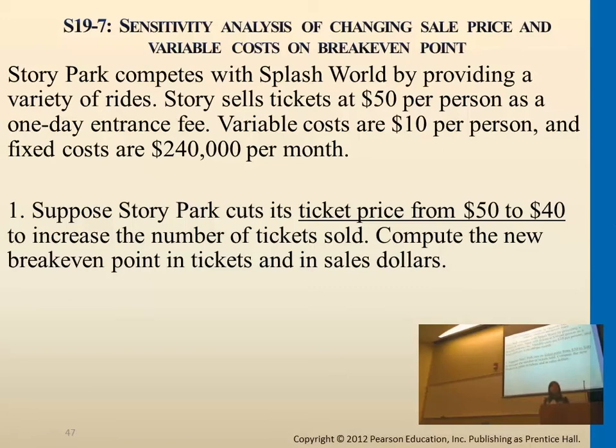Now, if they were to change the ticket sales price per person to $40 to increase the number of tickets sold, try to calculate the new break-even point in tickets and in sales dollars. If you forgot the formulas, everything you need is on the whiteboard here. So basically, you're just using the $40 now. That's the new sales price, and then calculate a new break-even point.